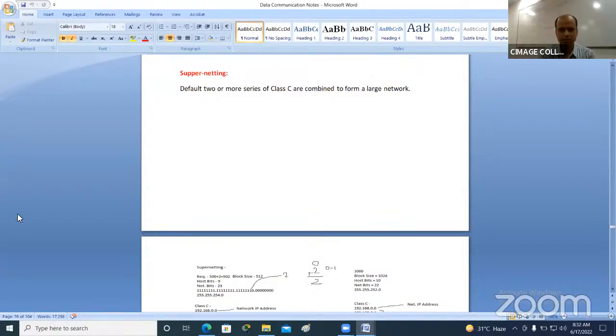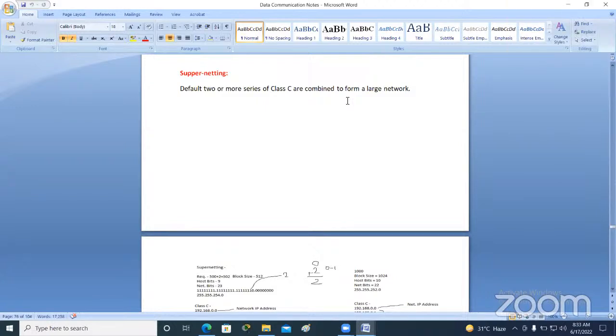The simple statement is: two or more default series of class C are combined to form a large network. Now the question is, can we do it for class B and class A also? Yes, we can do it, but there is no need. Getting my point? Yes, sir.